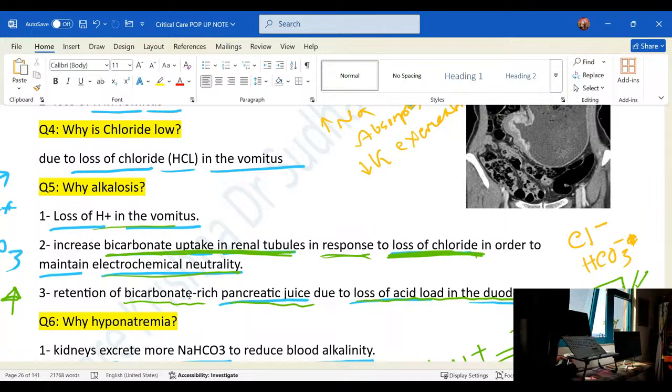Because of the obstruction, the acid is not coming and stomach secretion is not coming, so what comes is only from the pancreas, which is rich in bicarbonate.